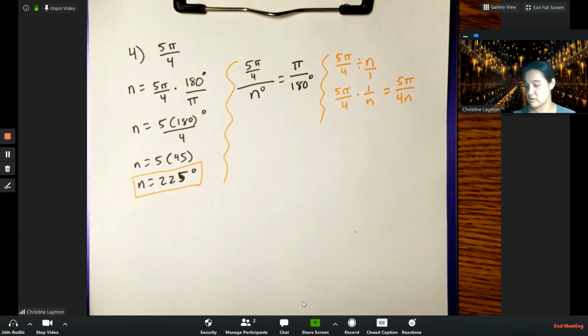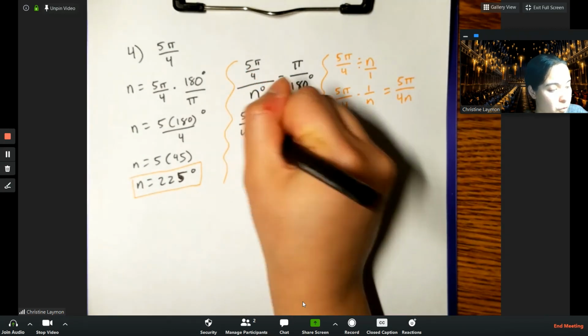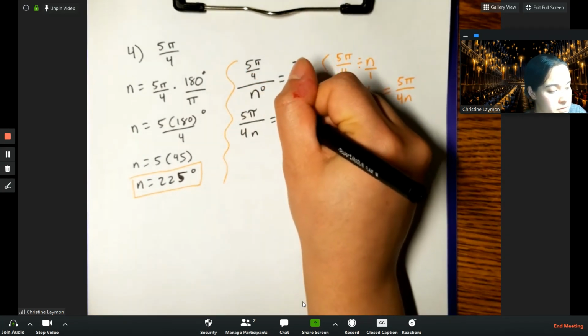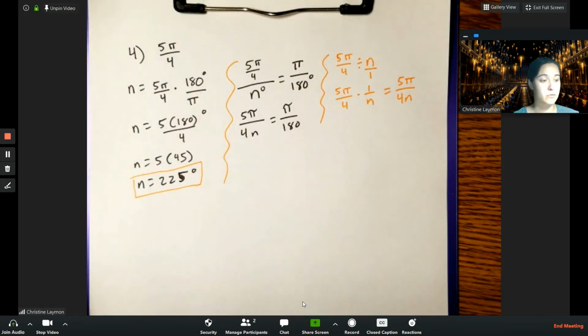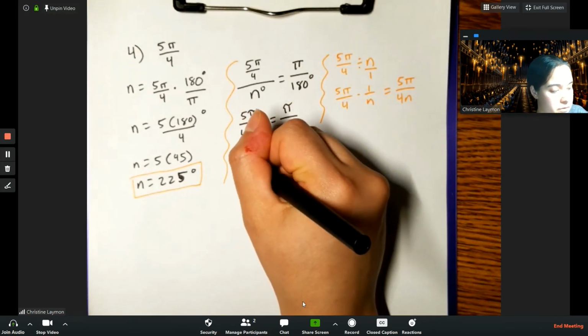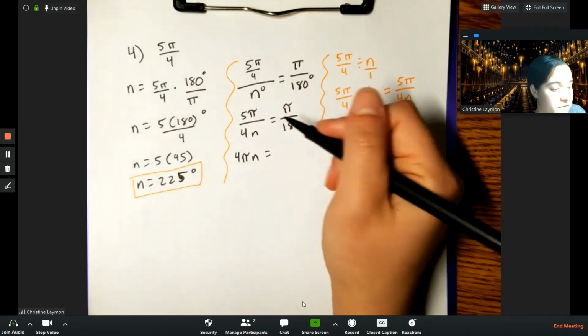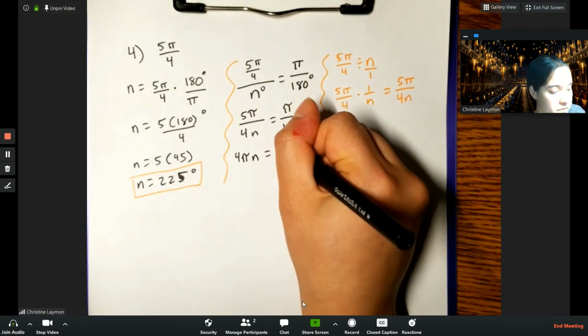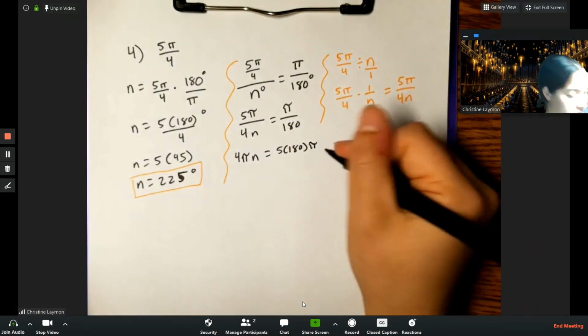That is what I'm going to use. So I have 5 pi over 4n equals pi over 180. Go ahead and cross multiply. So I'm going to have 4 pi n equals 5 times 180 pi.